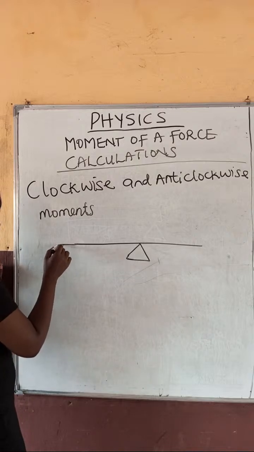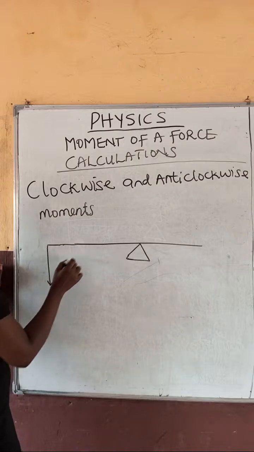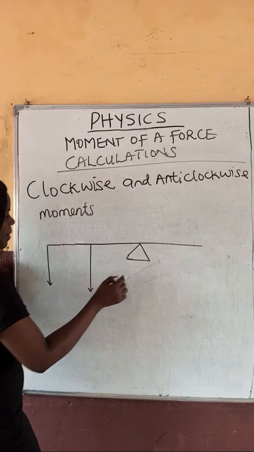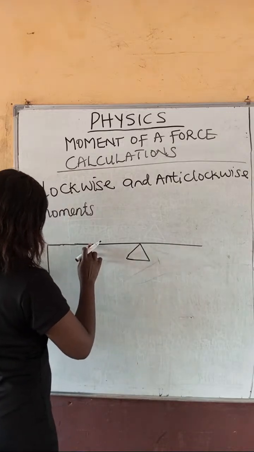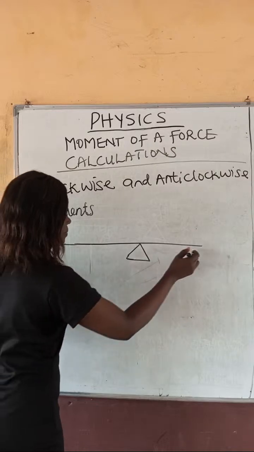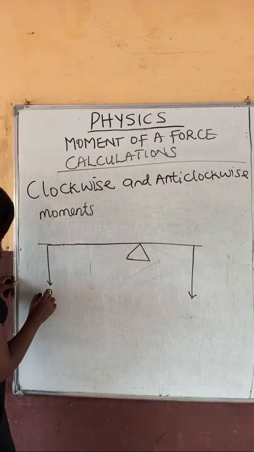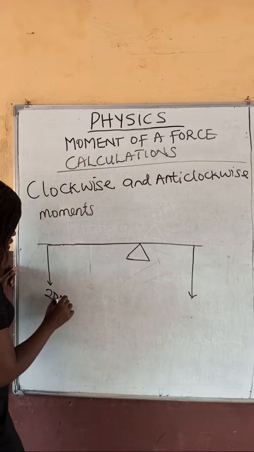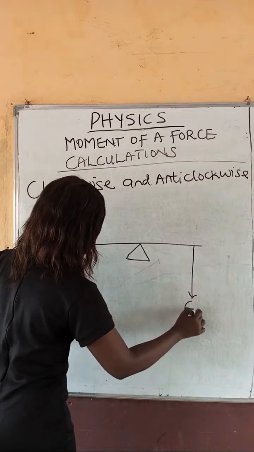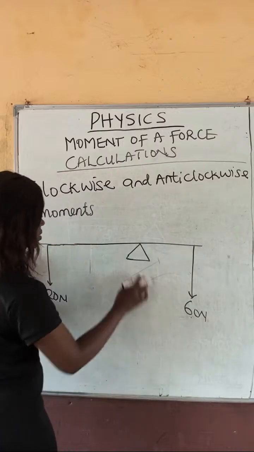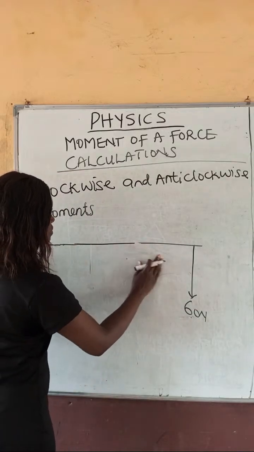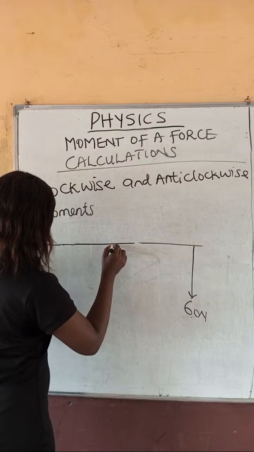Now we have this body. This is 20 Newton, while this is 50 Newton. This should be in the middle for it to balance.